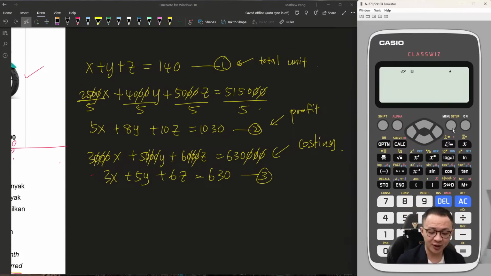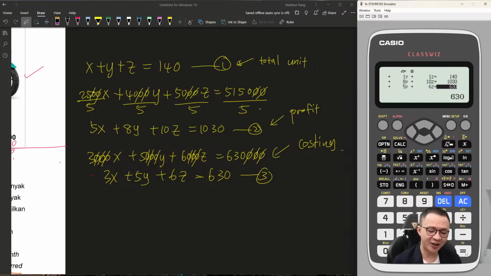Normally I will just use a calculator to quickly get my x, y, z answer first. Then only I start to do simultaneous equations with 3 unknowns. The first one, the coefficients of x, y, z are 1, 1, 1, equals 140. For my second equation, this one is 5, 8, 10, 1030. Lastly, this is 3, 5, 6, 630.